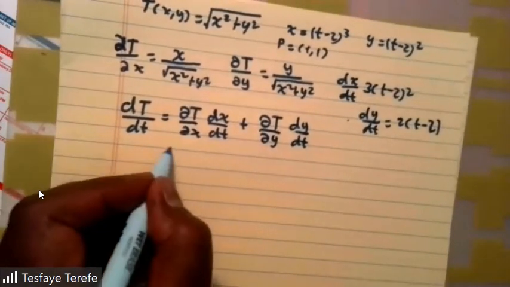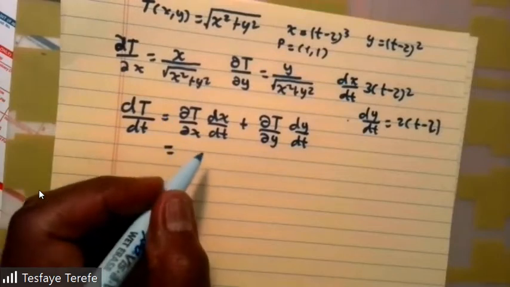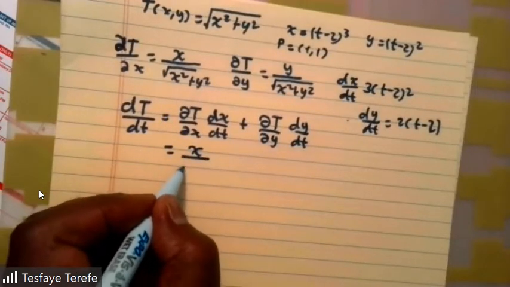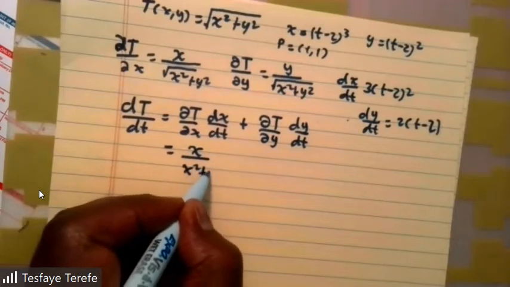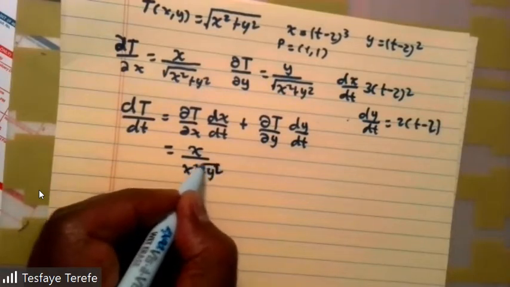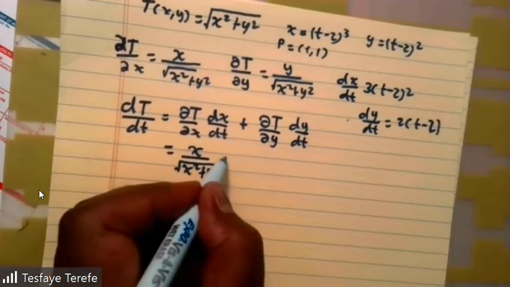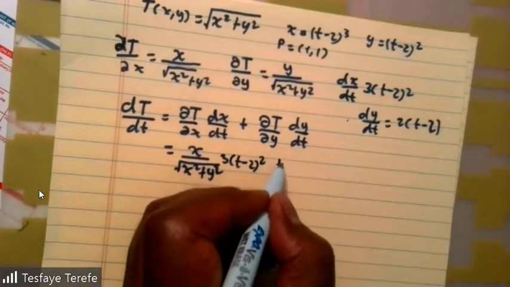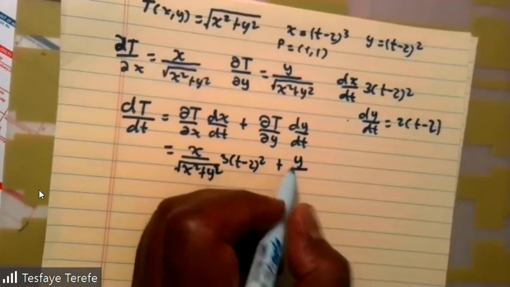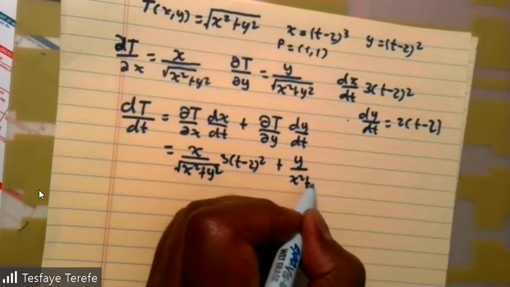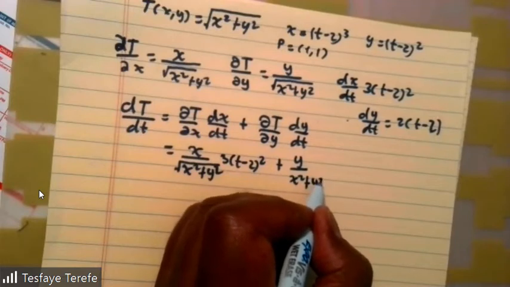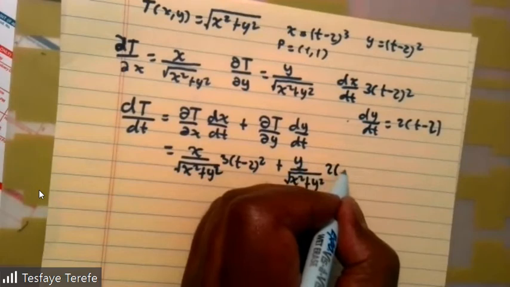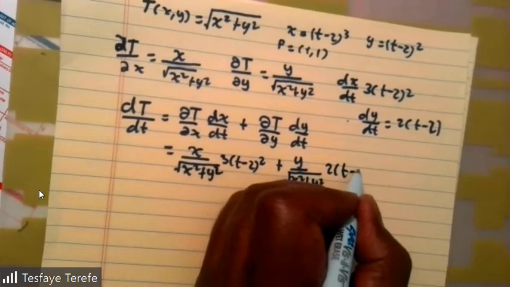And this will give us x over the square root of x squared plus y squared, and the radical, and you have 3 into t minus 2 squared plus y over the square root of x squared plus y squared and 2 into t minus 2.